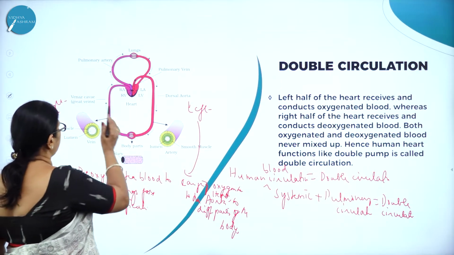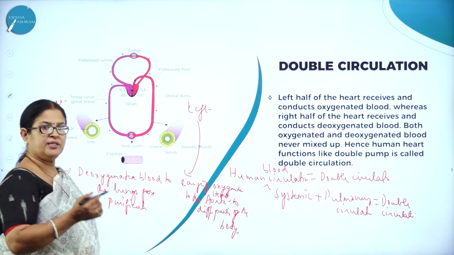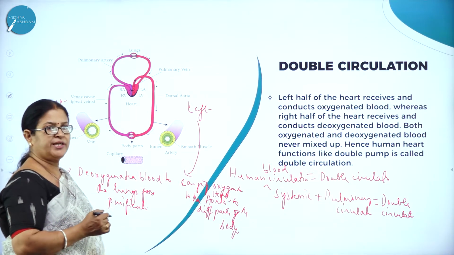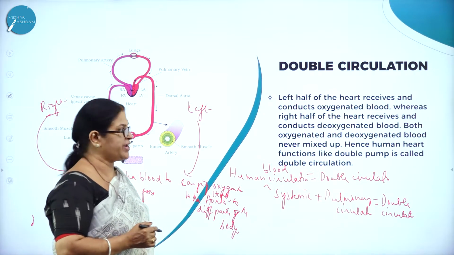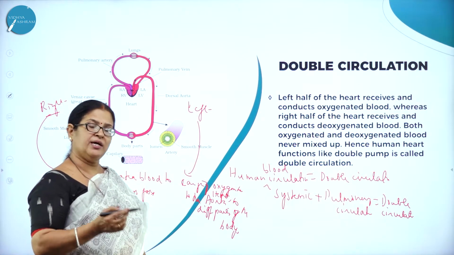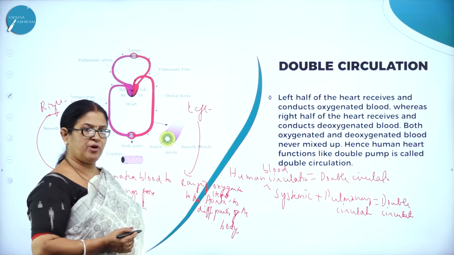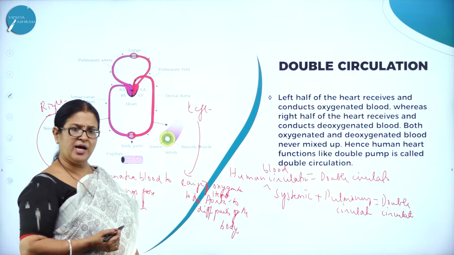As we all know, the right side of the heart always carries the impure or deoxygenated blood to the lungs for purification, whereas the left side carries the oxygenated blood and supplies it to the different parts of the body through the main supplier, the aorta.